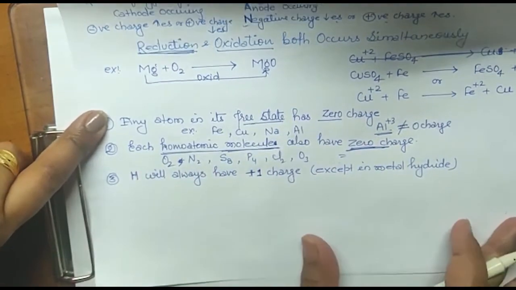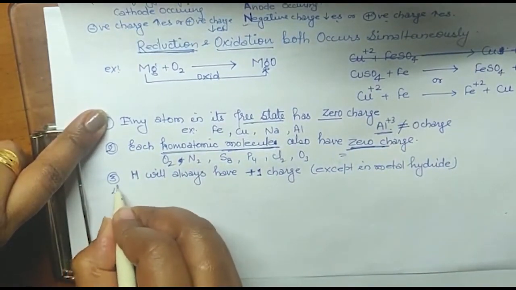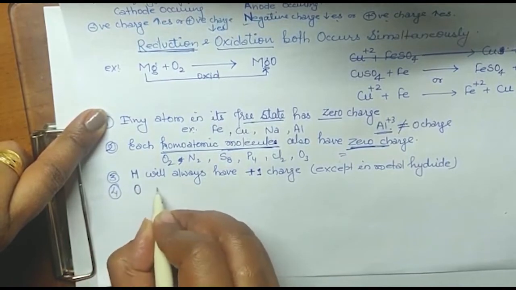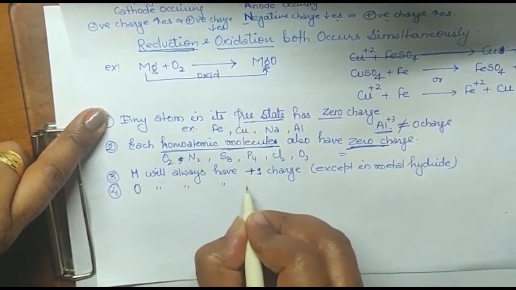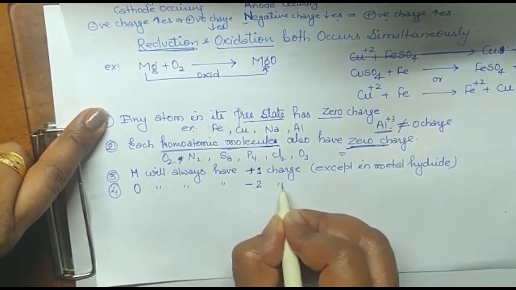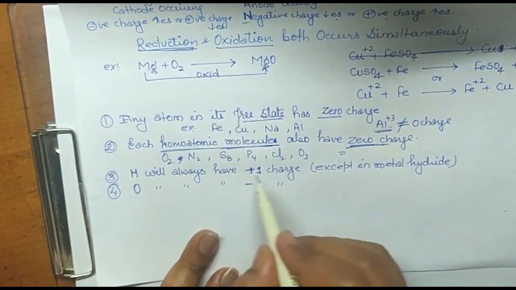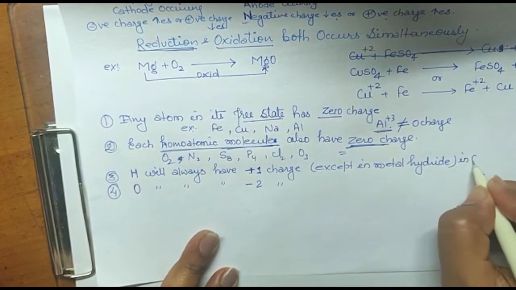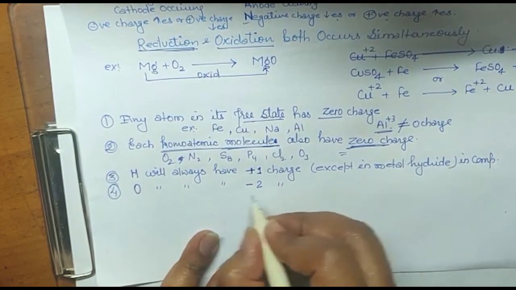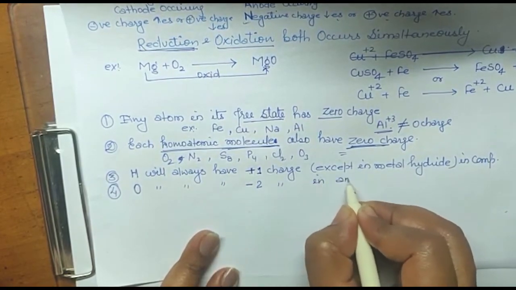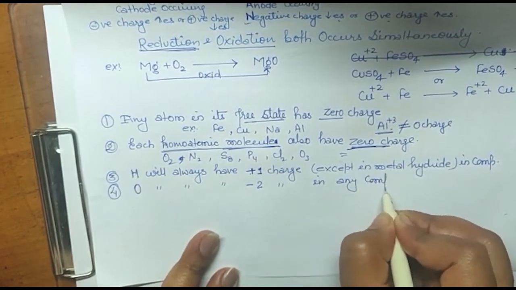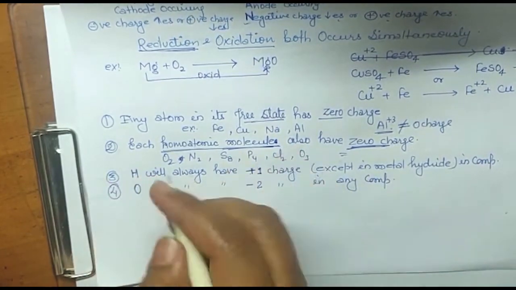Okay. Fourth, oxygen will always have minus 2 charge, if it is in a compound. Got it? In any compound. Otherwise in homoatomic form it is 0.